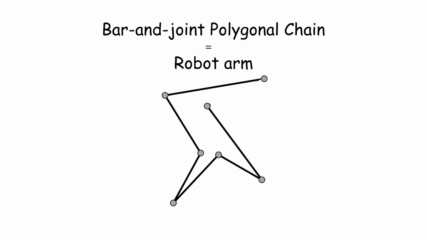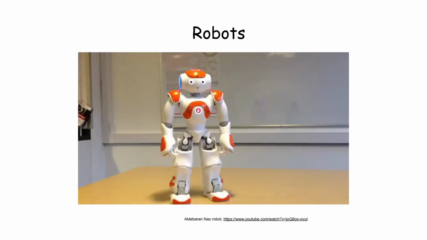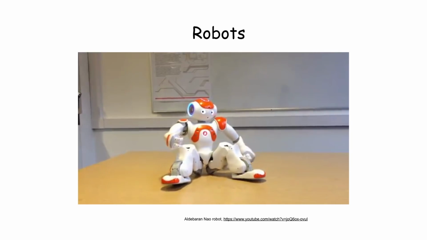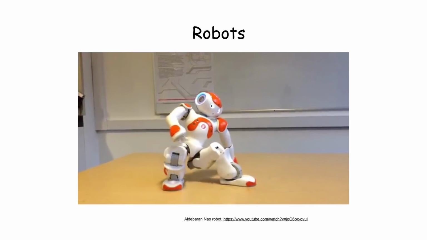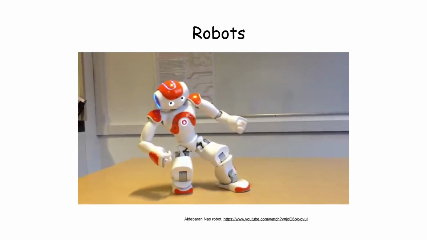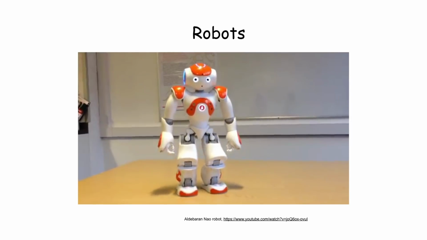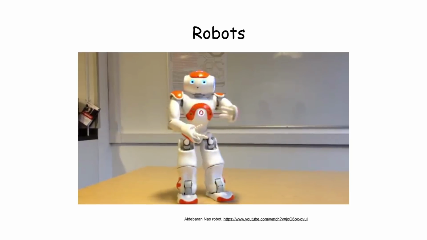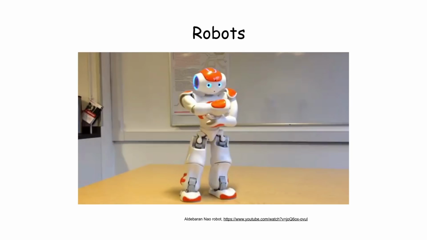That's why we refer to this polygonal chain sometimes as robot arms. Now, here's a robot, again, a very small clip just to whet your appetite. This doesn't look like a serial linkage, just a polygon. It looks like a branch structure, but the arms, the legs themselves are these polygonal linkages.